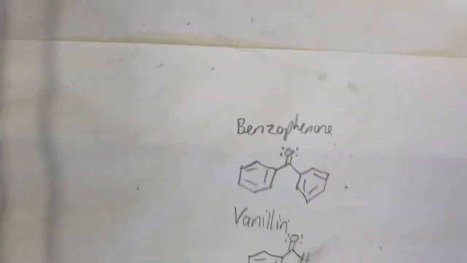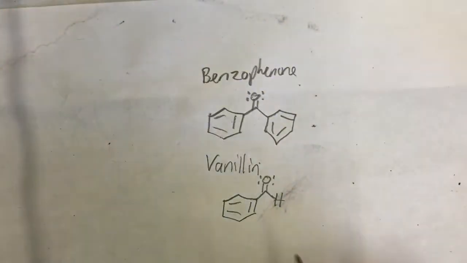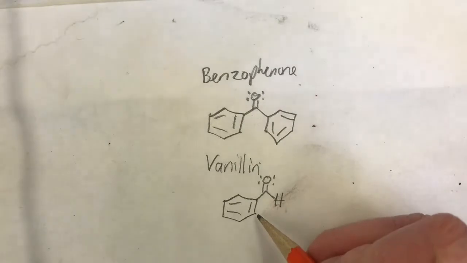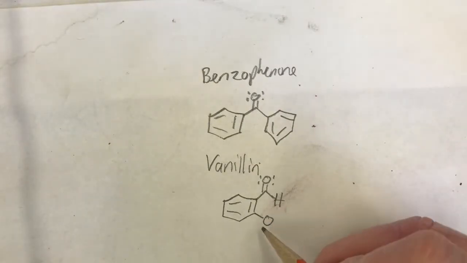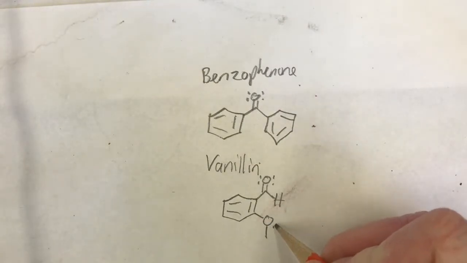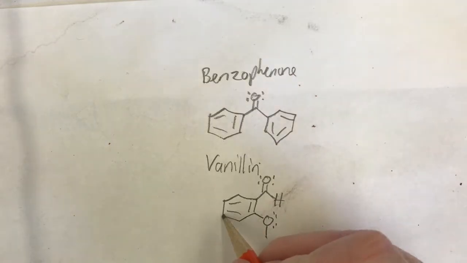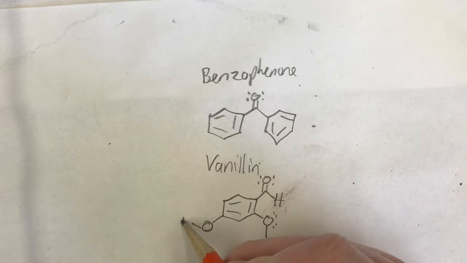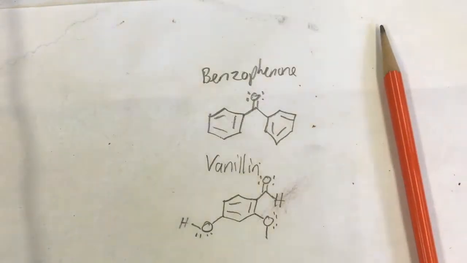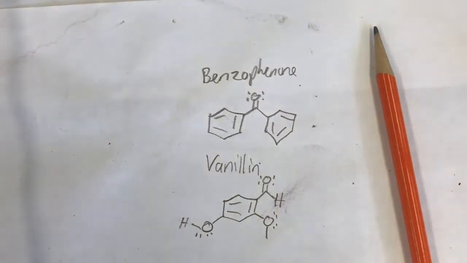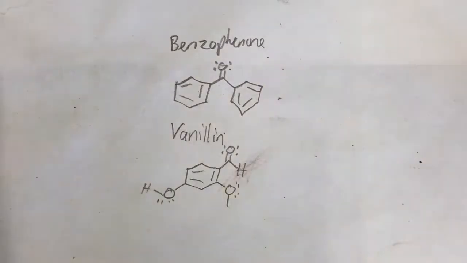But if you add one more thing to it, I believe it's a methoxy. You put a methoxy here, and now it's vanillin. Oh, wait, I think I need a hydroxy here. Pretty sure that is vanillin. Let me double check. I had it wrong. I looked it up.